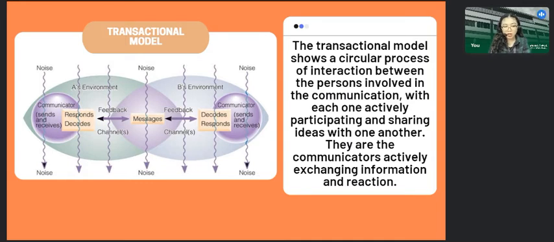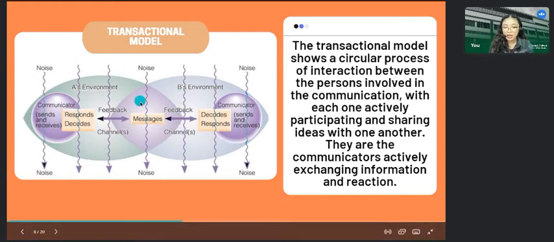They are the communicators actively exchanging information and reaction. As you can see in the diagram, it is a circular process of communication. Why, Miss GV? Because as you can see in the arrow, the arrow is not straight to the right only. Okay, it has left and it has right arrow in this diagram. It means that it is a circular process of communication.